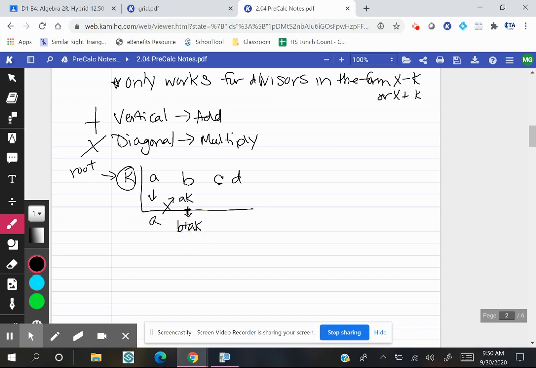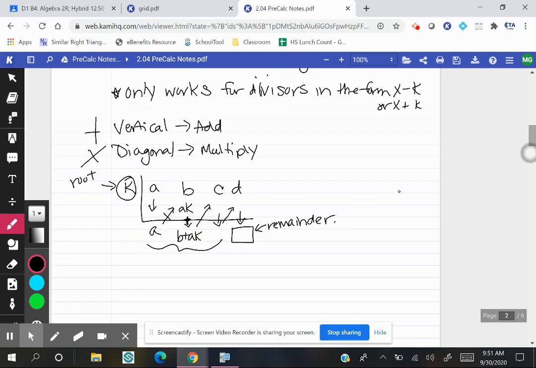And I'm not going to continue with the letters because I think it just gets really confusing. But again, you're just multiplying, going up, adding, going down, multiplying, going up, adding, going down. And then this last number you get right here, that is always going to be your remainder. And then in here, that tells us our coefficients of our quotient.